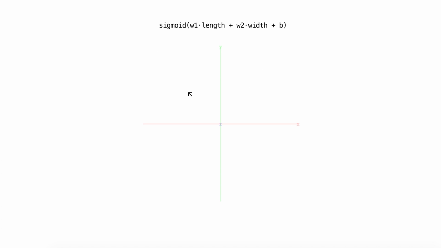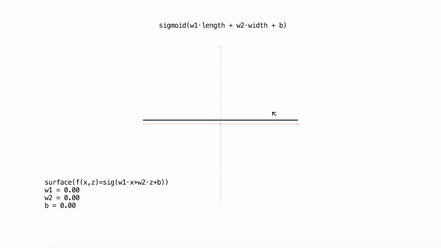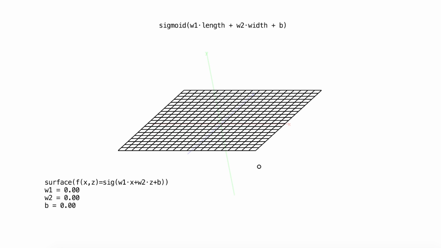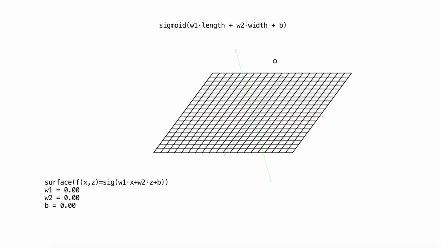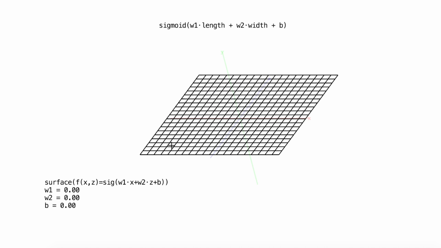If we take a look at what the network can actually represent, I'm going to graph it, and I'm going to use the x and the z axes to represent the features of our flower. In this plane, each point is the network evaluated for those specific features.